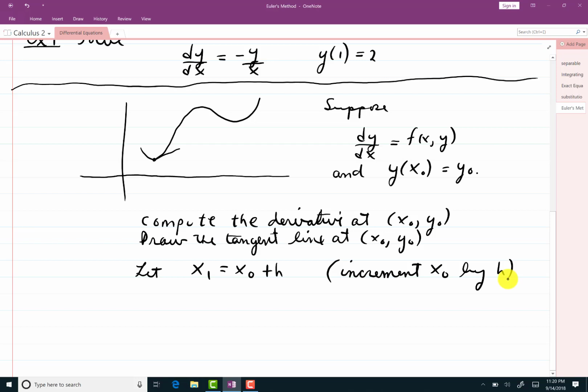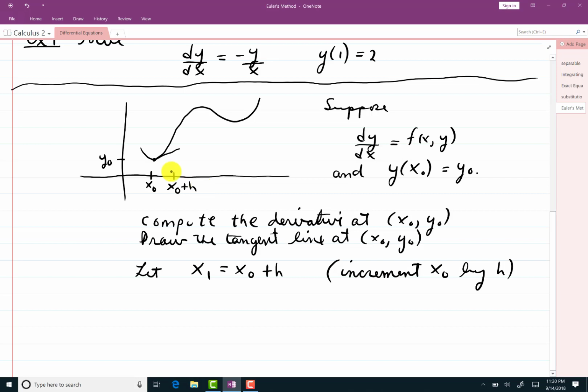So let me go ahead and put this point here. I'll label it now. We have x sub 0 and we have y sub 0. There's our starting point. Then I'm going to move over till I get to x sub 0 plus h.